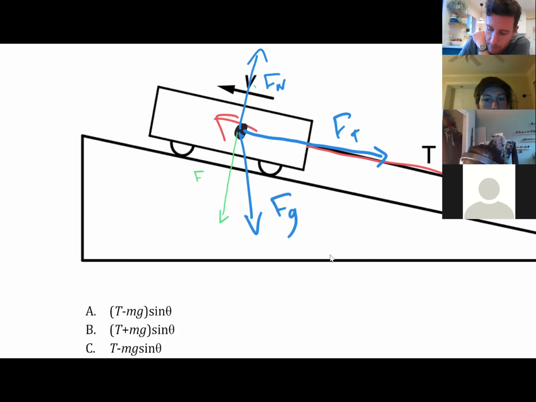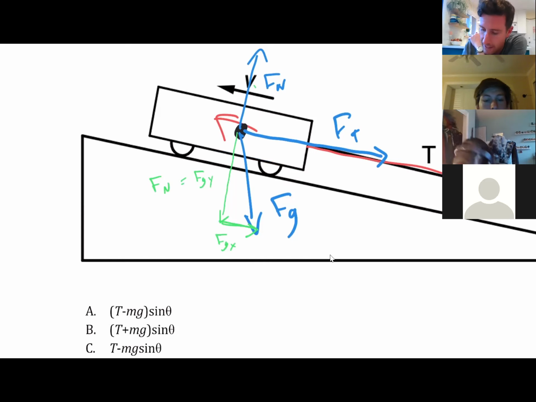So this is F sub G in the y direction, and that's equal to the normal force. So those cancel each other out. What that leaves me with is just that part right there, the downhill part, which I would call F sub G in the x direction.